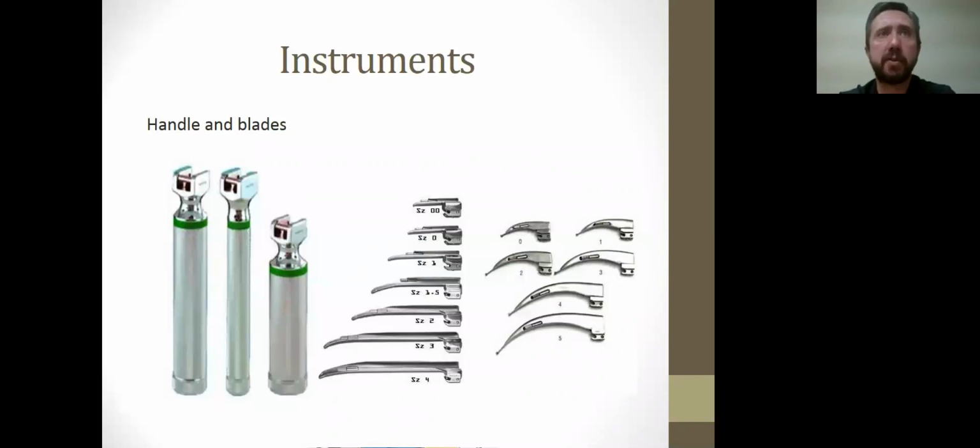So what you need to understand is the difference between the two. The Miller blade or the straight blade actually lifts the epiglottis directly, okay? It's simply a straight approach, and it lifts all the glottic opening up and anterior. As with the curved or Macintosh blade, it actually goes into the space called the vallecula and lifts the epiglottis indirectly with more of a sweeping of the tongue type action.